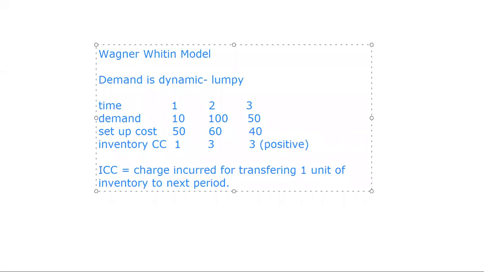Now, what would happen is in the first period, I might produce 100, so I transfer 90 units of inventory to the next period. And if I do that, then I will incur a shortage of 10 units in the second period if I don't produce.